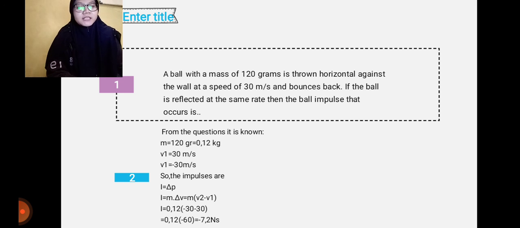The minus sign here shows the direction. So, the direction is different from the original direction because the ball is bouncing.